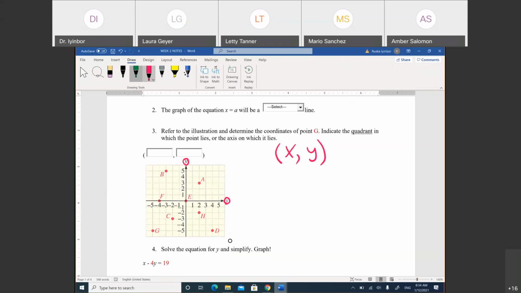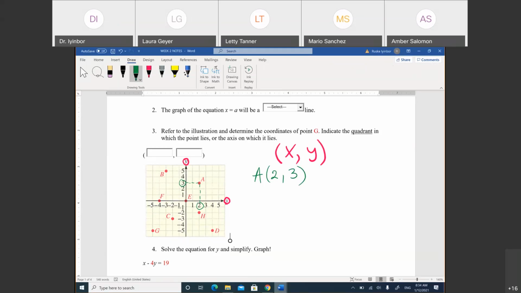So if I want to get the coordinates of point A, first from the point I'm going to go to the x-axis, so the number there is 2. And then from the point I'm going to go straight perpendicular to the y-axis, and the number there is 3. So the point A has coordinates 2 and 3. Yes? That's how you do it.